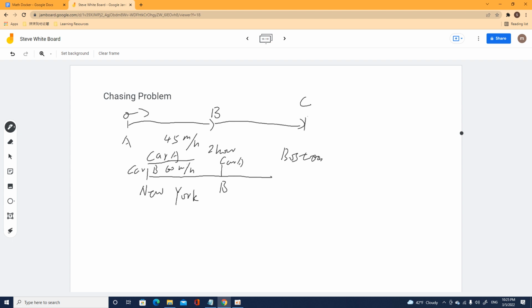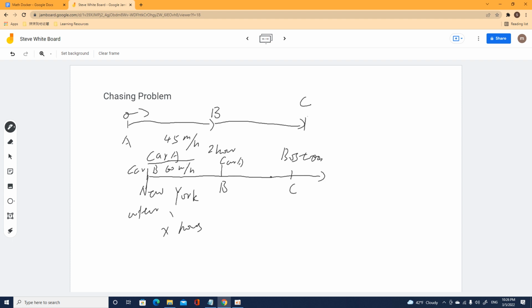The question asks after how many hours car B will catch up with car A. So we assume after X hours, in point C, car B will catch car A. This is the important thing: you should draw a diagram. This is X hours.